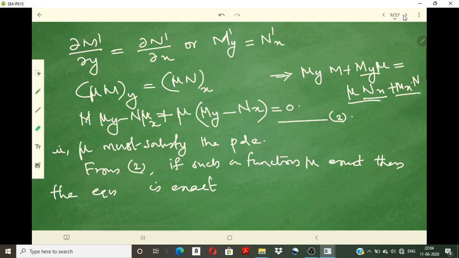The equation is exact, and we can solve it by the method of solving exact equations.